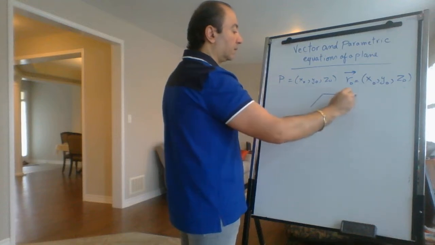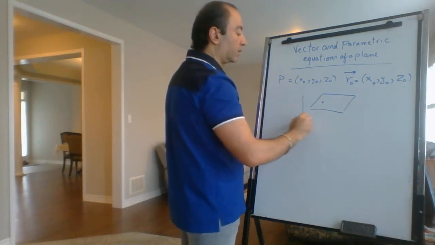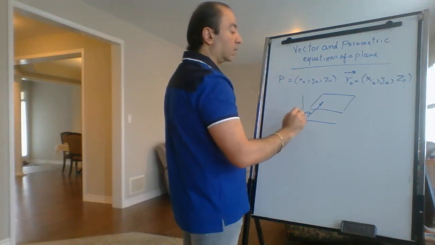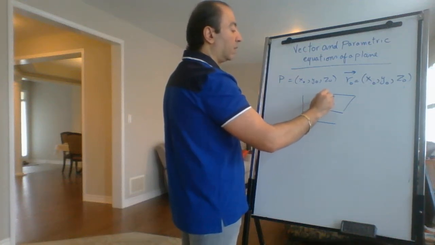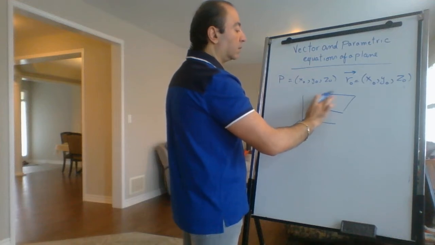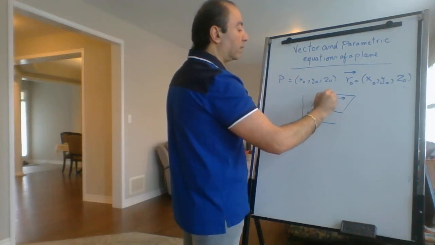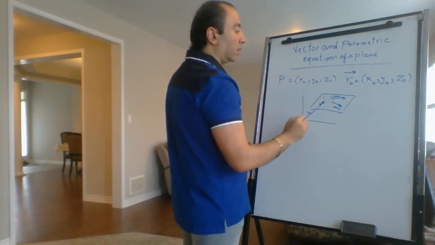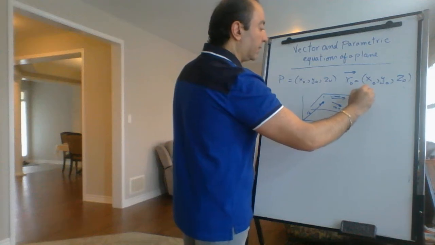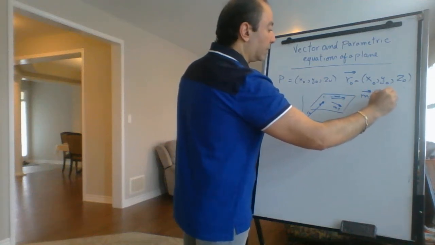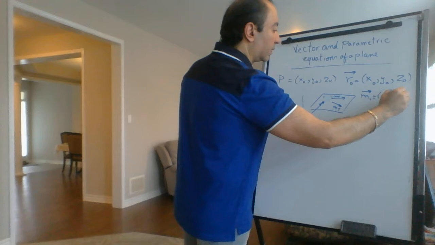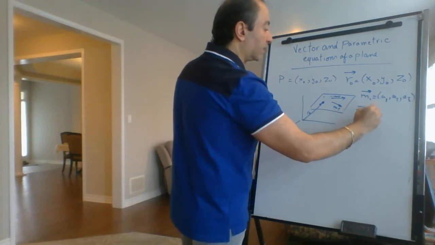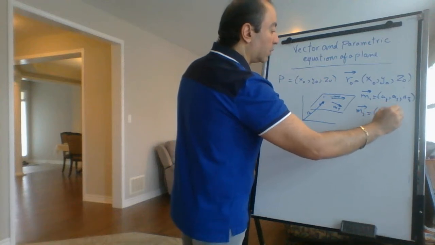So there is a plane, there is a point here, this is r sub 0, okay, and then we have m1 and m2. Coordinates of m1 are a1, a2, a3, and coordinates of m2, the second direction vector, are b1, b2, b3.